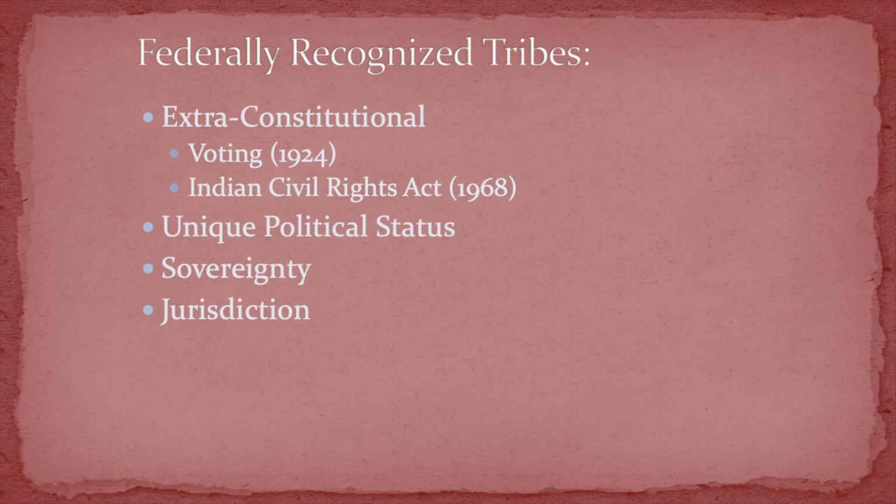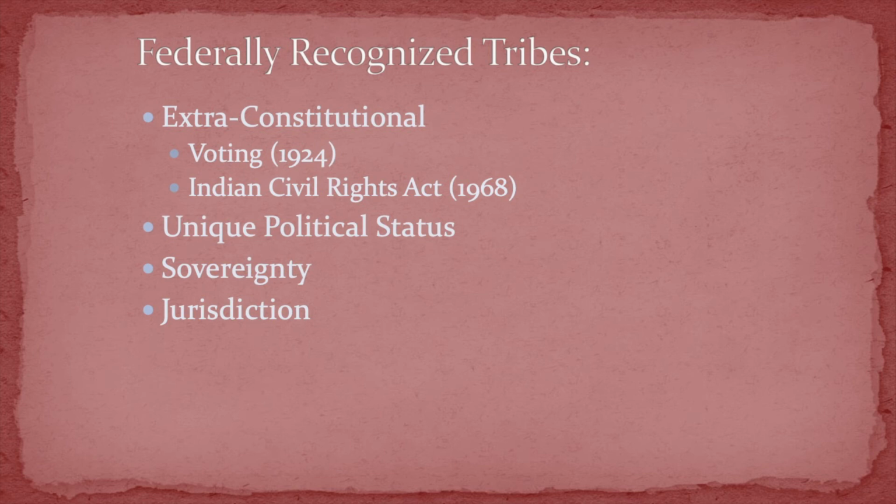So when it comes down to federally recognized tribes, remember we're talking about entities that are extra constitutional, and I keep saying that over and over again because it makes a difference. For example, tribal members did not have voting rights at the federal level until 1924, even though, getting back to state issues, within many states tribal people would not vote until the late 1930s because of state laws preventing them from doing that.